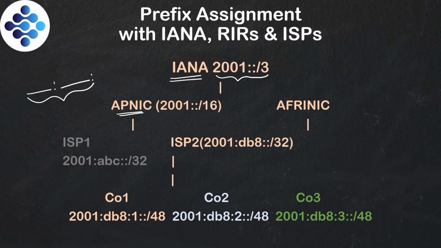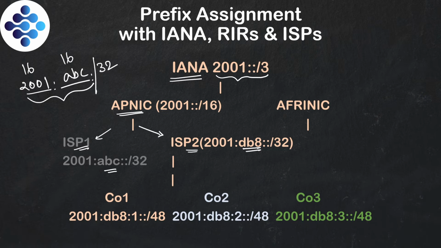APNIC would divide it further between ISP1 and ISP2. Let's say this 2001 is fixed, but it gives ABC to one ISP and DB8 to another ISP, right? And it fixes this much. So this is 16, this is 16, becomes 32. When it goes to companies, company 1, company 2, company 3, if you see this first portion 2001 DB8, 2001 DB8, 2001 DB8, right?